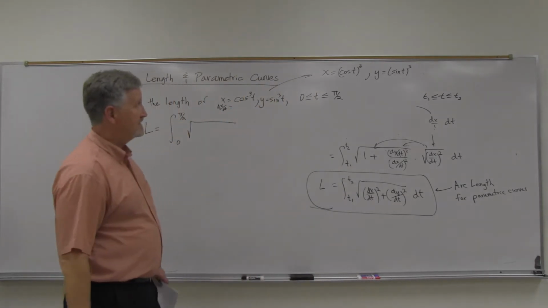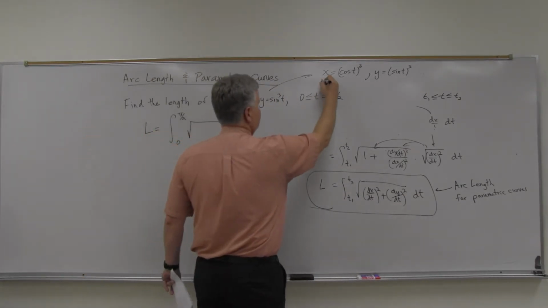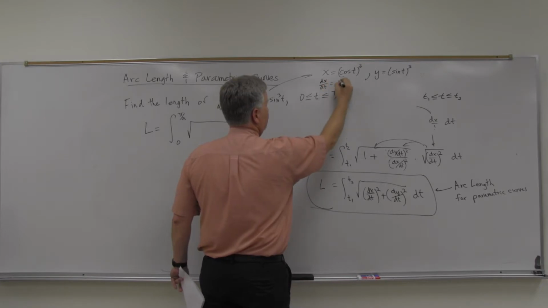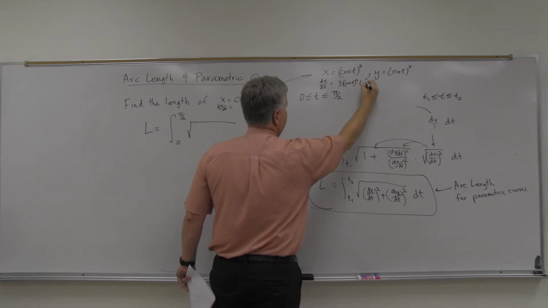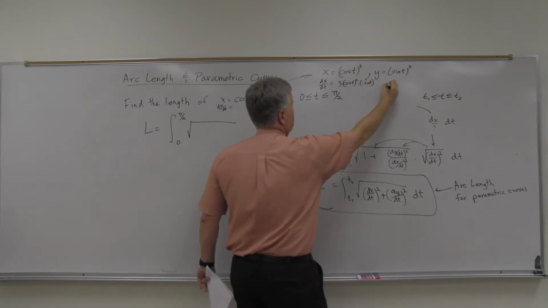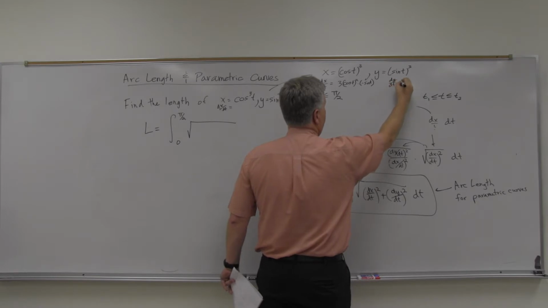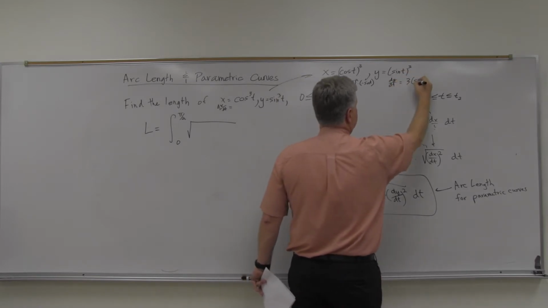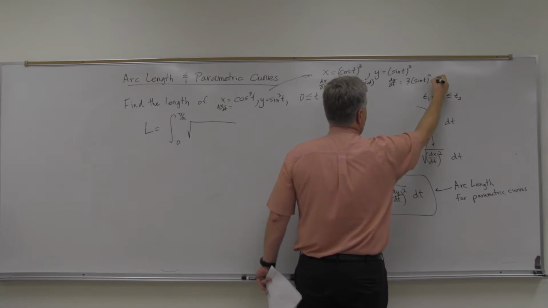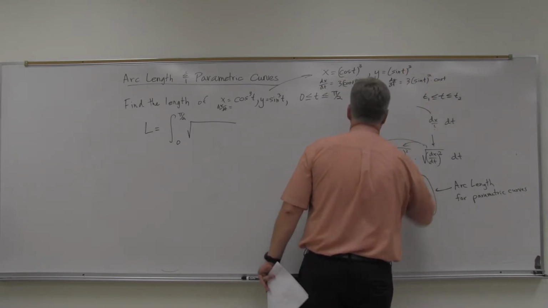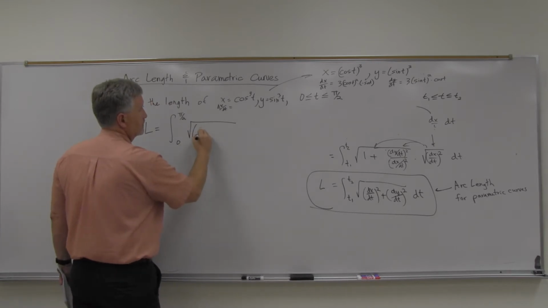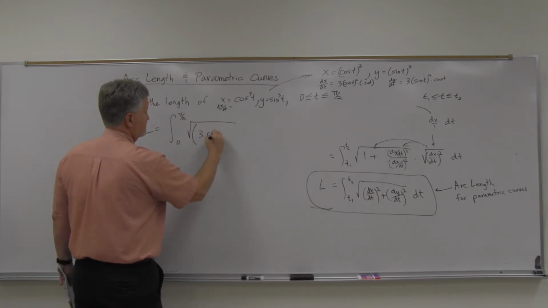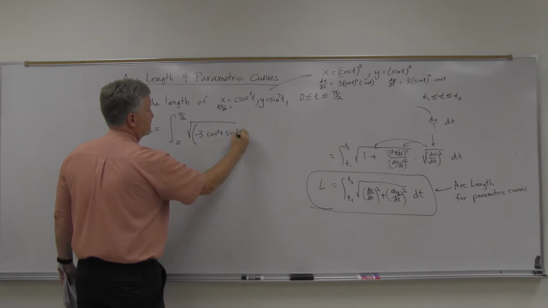It's cosine t cubed. So dx over dt is, by chain rule, 3 cosine squared t times the derivative of the inside, negative sine t. And then the same sort of thing for dy over dt. That's 3 sine squared t times the derivative of the inside, cosine t. So that's what our derivatives are. It's 3 cosine squared t times negative sine t.